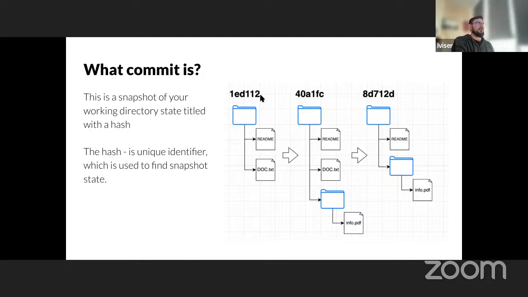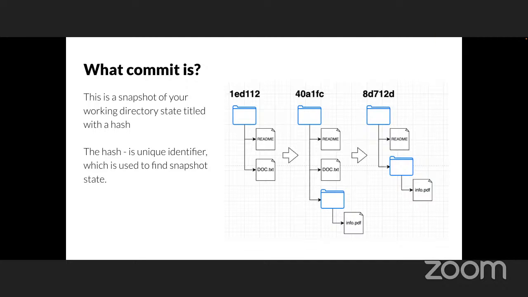Git is smart enough to take these first 6 digits and switch to this particular version. Any questions so far? It can be quite confusing, so if you have doubts, just ask me. No, that's good. Okay, great.